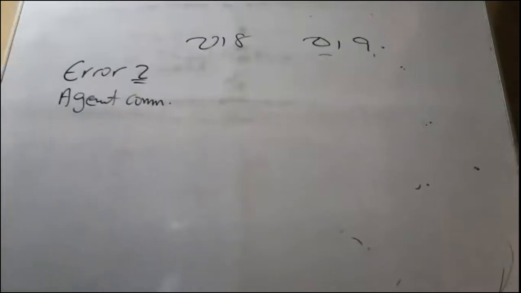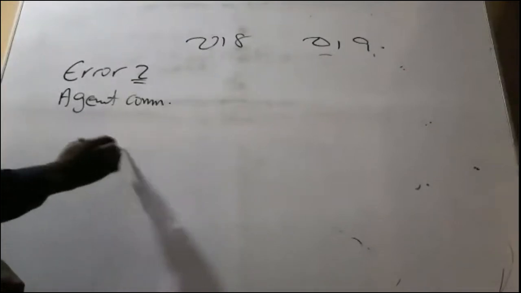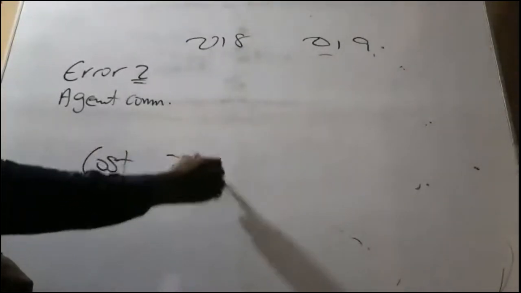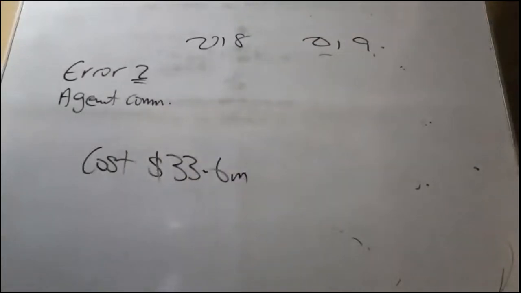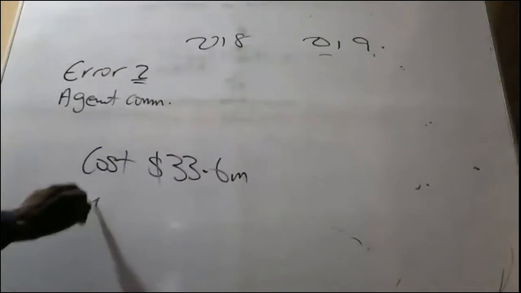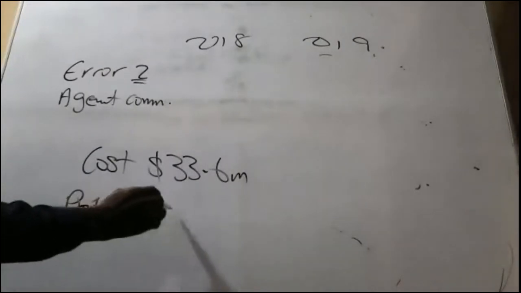How do you get agent commission? They say 10% on the sales value. So let's look for the sales value. The cost of the goods is $33.6 million. The profit margin is 20%. So profit is what? 20% margin.